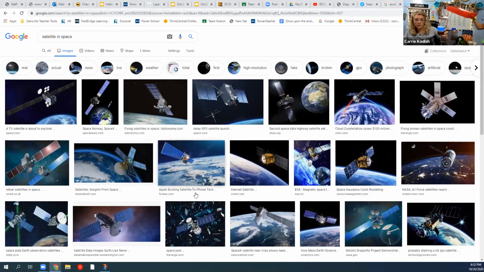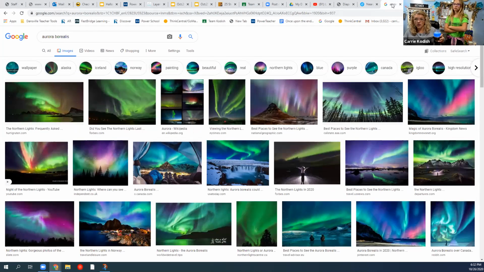So satellites are these kind of looking guys, and they are sent up in space to send us information about what is seen up there. They take big pictures of the Earth from way far away. They're used for many reasons that we don't have to go over today, but these are satellites that we send way up in space. All right, and again, aurora borealis is here.